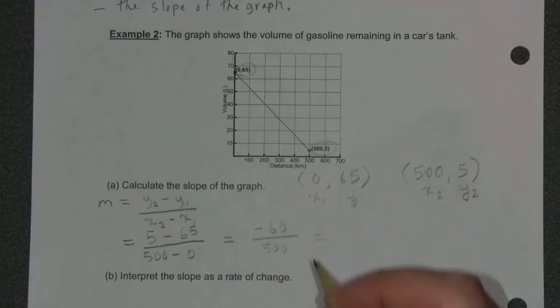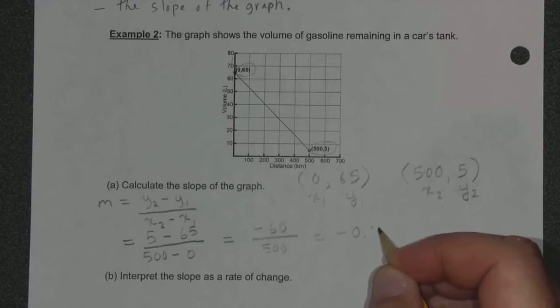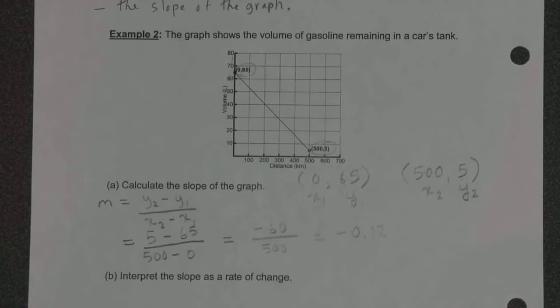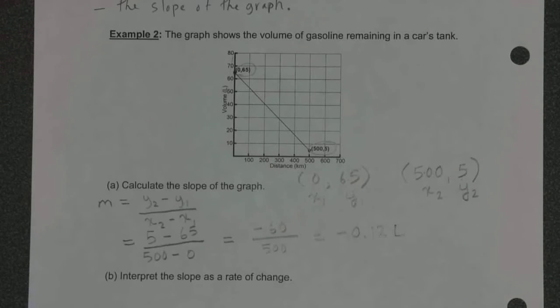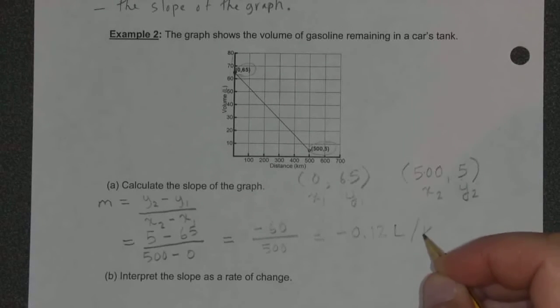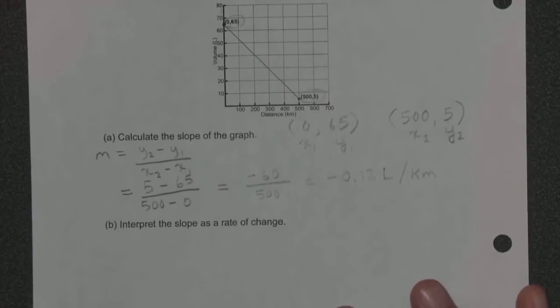Put it as a decimal, negative 0.12. Now, negative 0.12 what? Where are your units? Your units are negative 0.12 liters, capital L is liters, per kilometer. Okay?